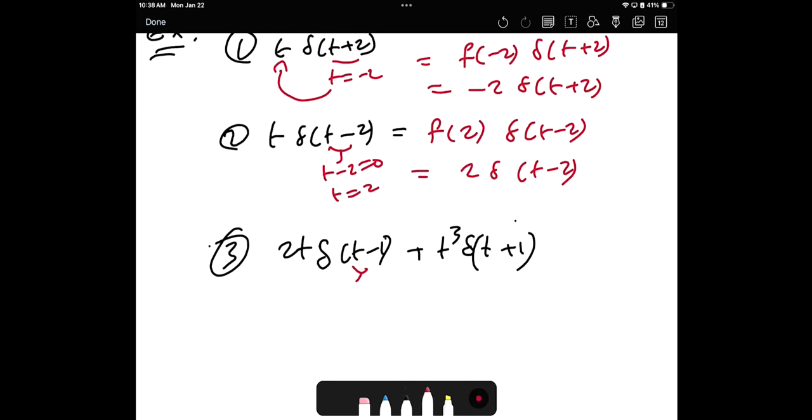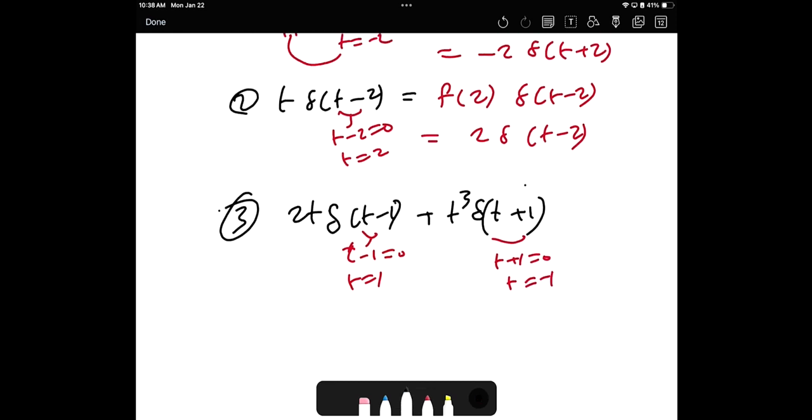So here, tau or t minus 1 equals 0, therefore t equals 1. Here t plus 1 equals 0, therefore t equals negative 1. So the substitution will be f1 of t delta t minus 1 plus f2 of t delta t plus 1.